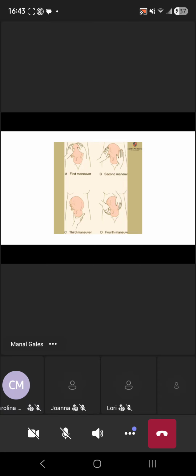So what is the ideal attitude? Is it flexion or extension? Flexion. So normally the baby should be in flexion attitude, where legs are flexed and arms are flexed. If extended, this is not correct.